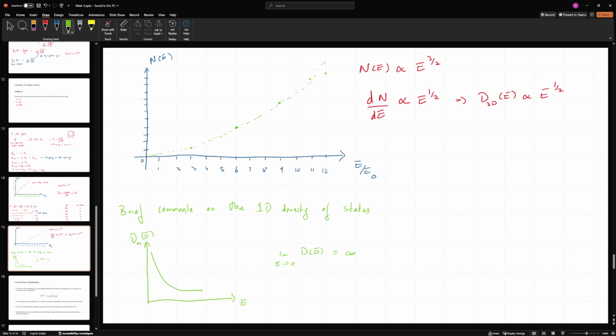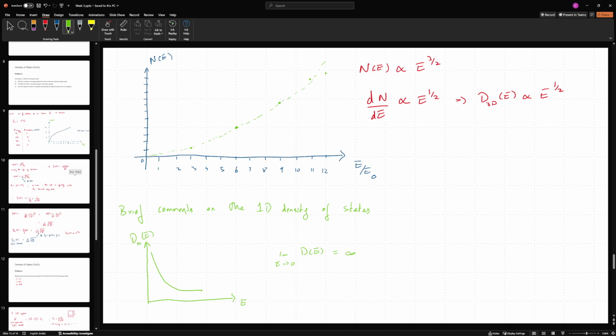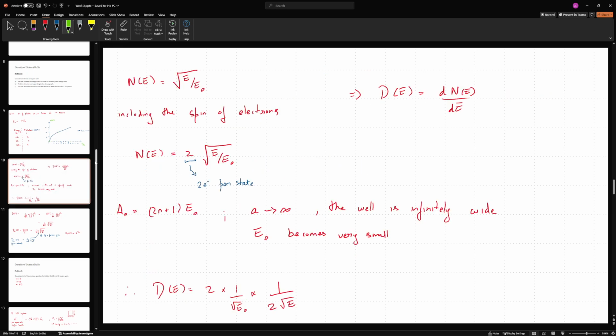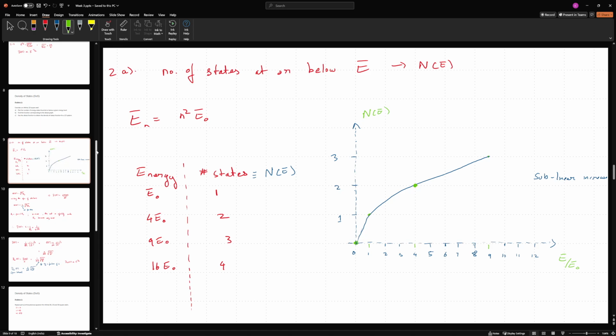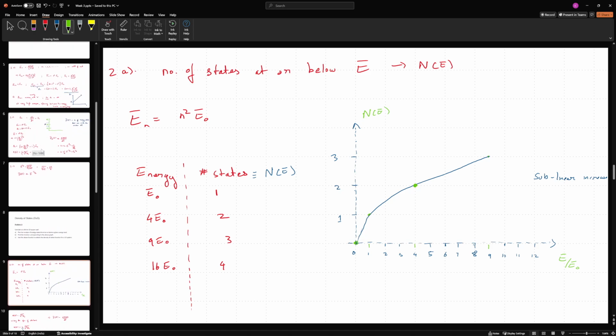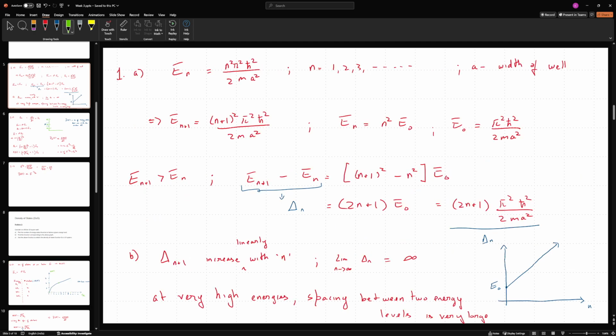The answer can be obtained from the quantity I derived right here. Now remember, delta n keeps increasing as E keeps increasing.